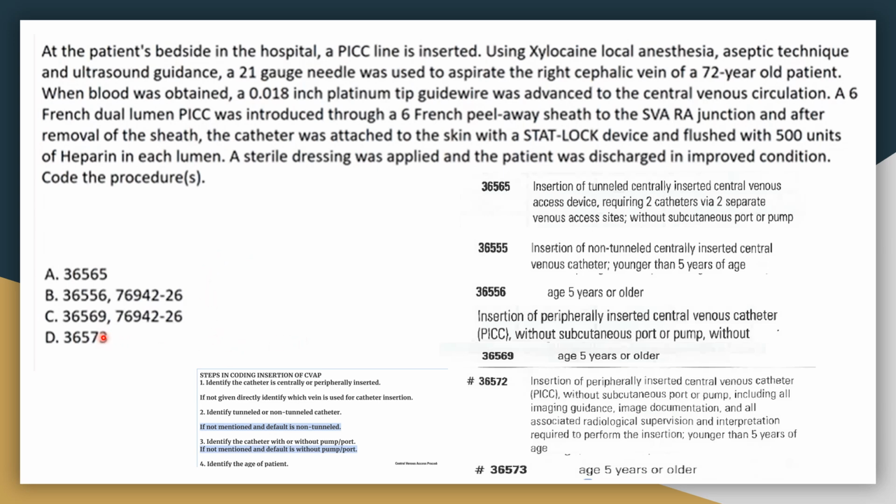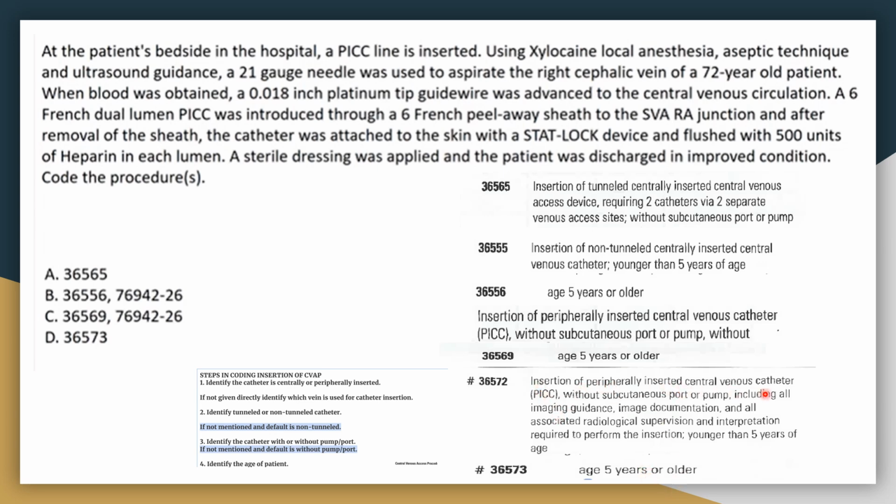Now 36569, it is the insertion of the peripherally inserted central venous catheter without subcutaneous pump and port and without image guidance. Now in our case we have taken the image guidance. So let us see the code D. Now this is code 36573. It is the indented code, so I'll be reading the above code.